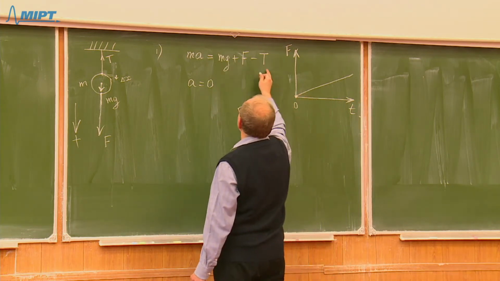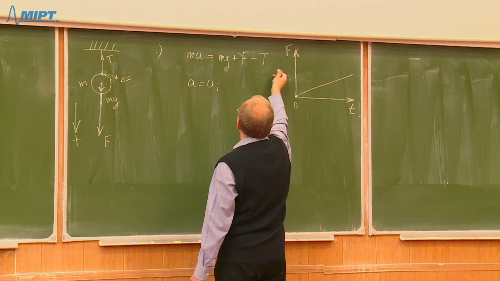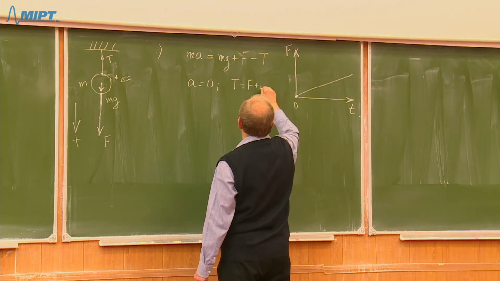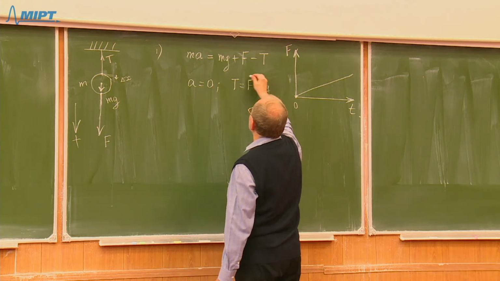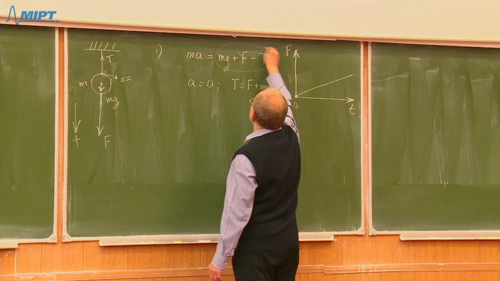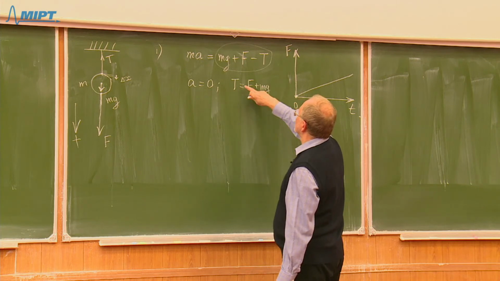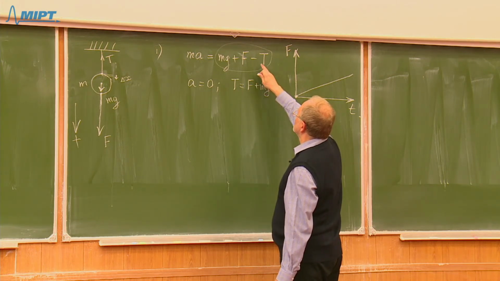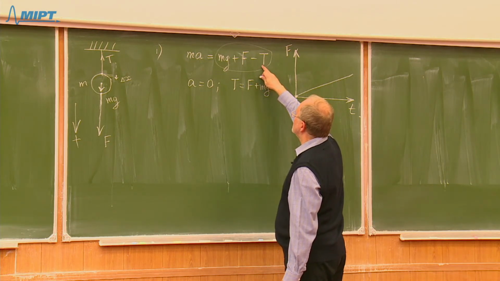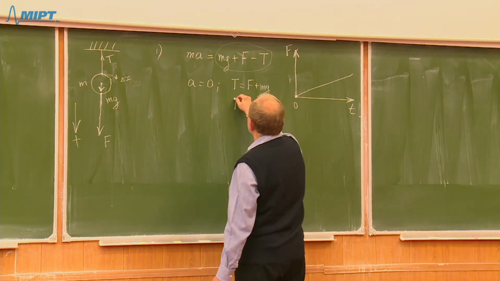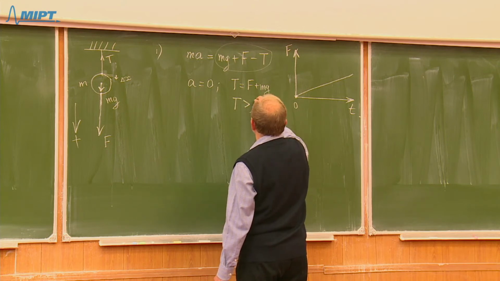And in this case, we obtain from this expression that the force T equals F plus mg. If I equate the acceleration to 0, then I immediately obtain what is the force of tension T. It's equal to F plus mg. It means that T is always larger than F.